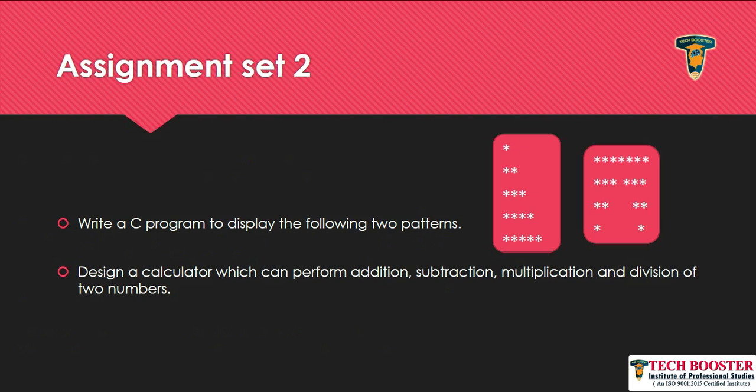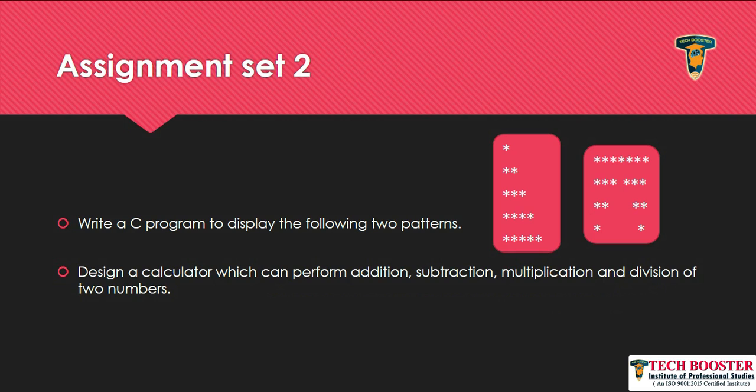Then you have another assignment, that is to design a calculator. I have shown you in my switch case video how to design a calculator. Just here in this case you need to include your division functionality, and when I talk about your division, here in this case you will be having 2 conditions.